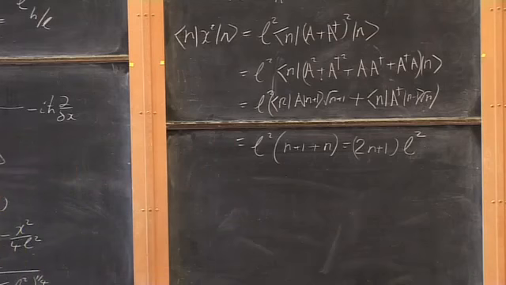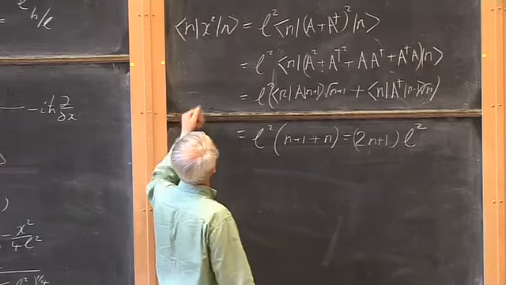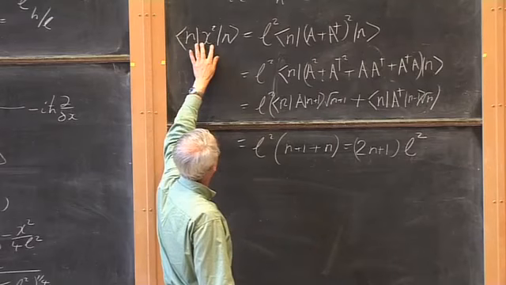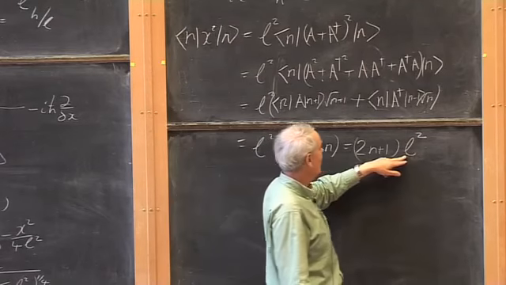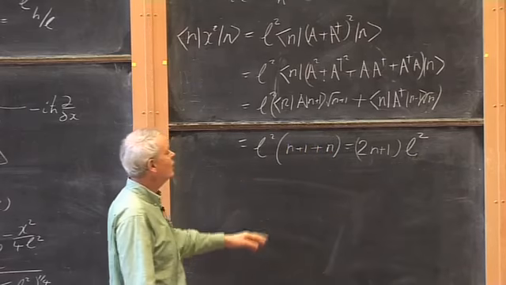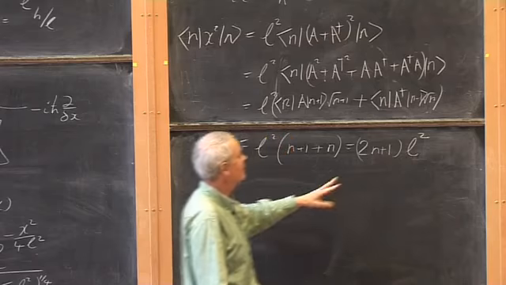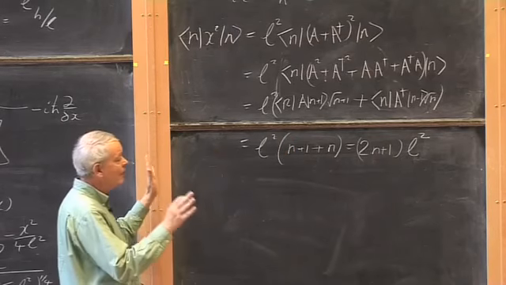So my time is up. We've discovered something interesting, which is the expectation value of x squared is 2n plus 1 times L squared. Did we already know about it? Yes, in a certain sense. We knew it for the ground state, n equals 0.